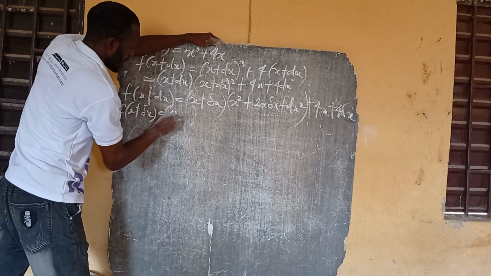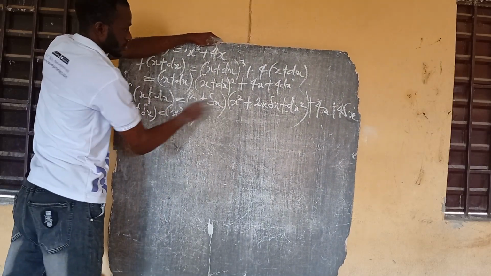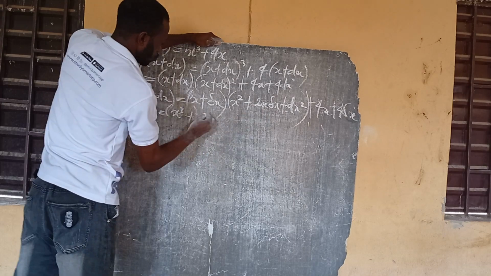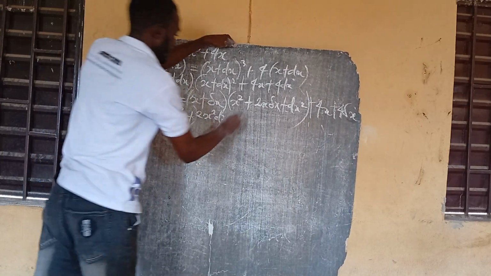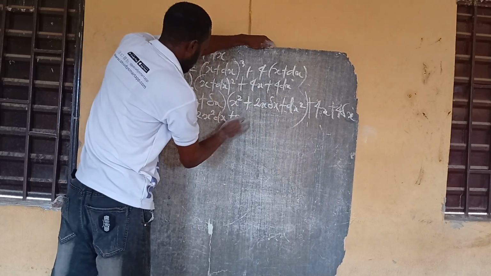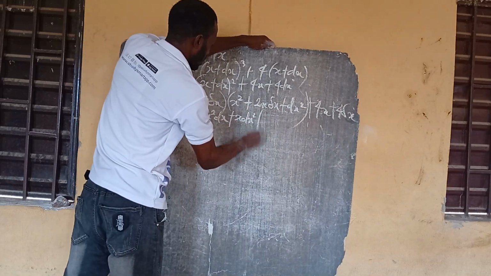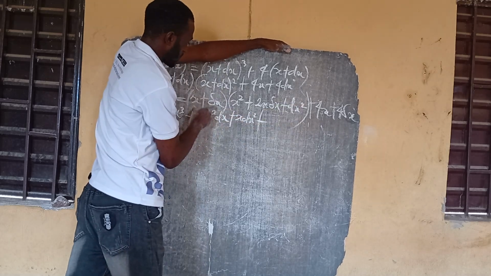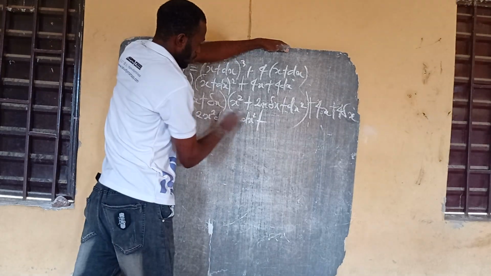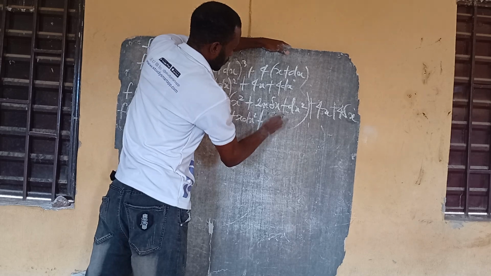This time this will become x cubed plus x times 2x dx. That will be 2x squared dx plus x times dx squared. That will be x dx squared plus this times this. This has multiplied everything here. So let this multiply everything here now. So this becomes x squared dx.